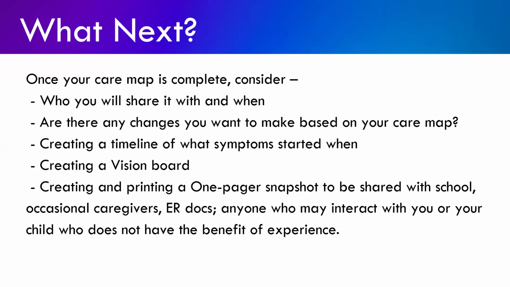Yeah, I did something similar during an advocacy class. We basically created a vision for your child, and it starts with a vision statement. It can be for your child or your loved one that you're providing care for, but you start with that vision statement: what do I want for them? Do I want them to be able to live independently? Do I want them to be able to work outside of the home? Do I want them to be able to have a pet? What is it that I want for them that's realistic, but also still aspirational?